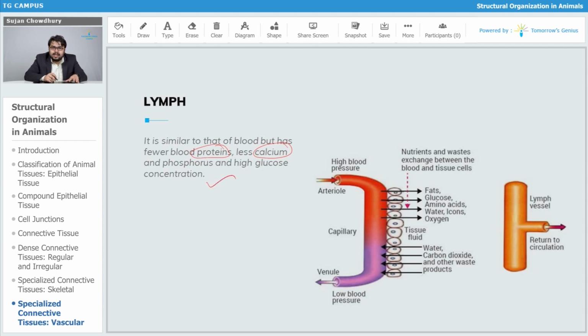Why so? Because there are many areas in the body, the interstitial spaces, where blood is not able to reach. To those areas, lymph goes and transports the necessary substances. Glucose is important for energy production by aerobic respiration in the metabolically active tissues.